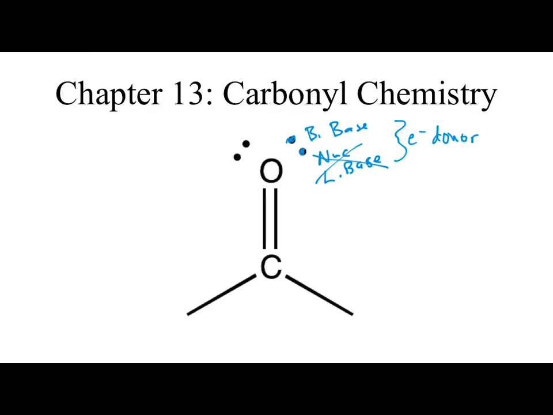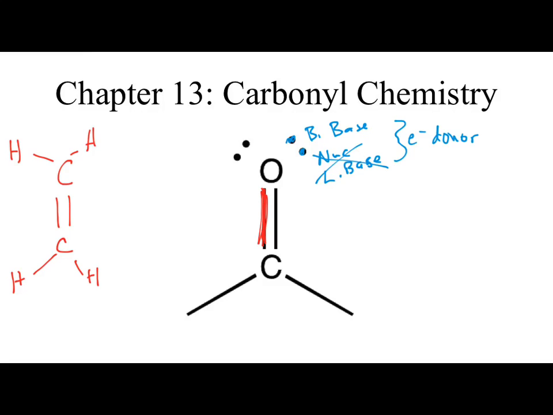What other stuff do we see in there? We see the pi bond. What's special about the pi bond? What could our pi bond do if we compared it, say, to an alkene? What reactivity does an alkene have?